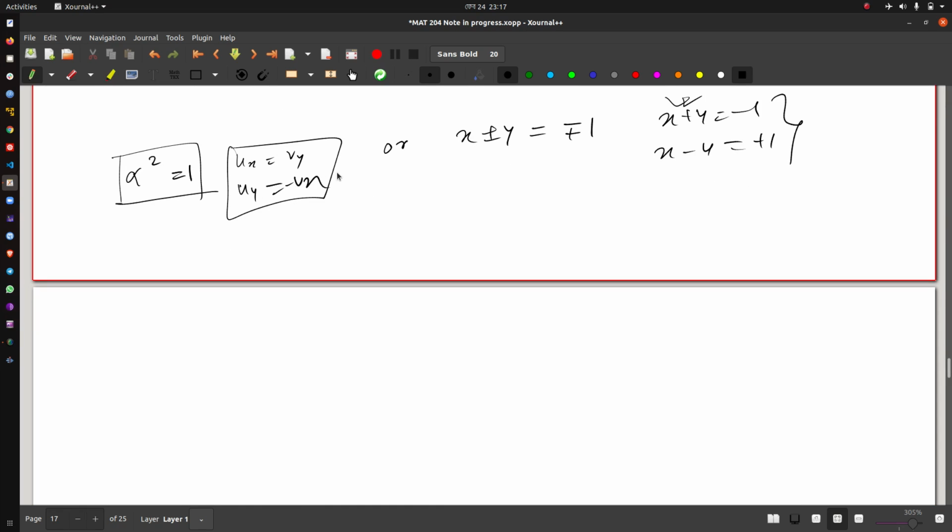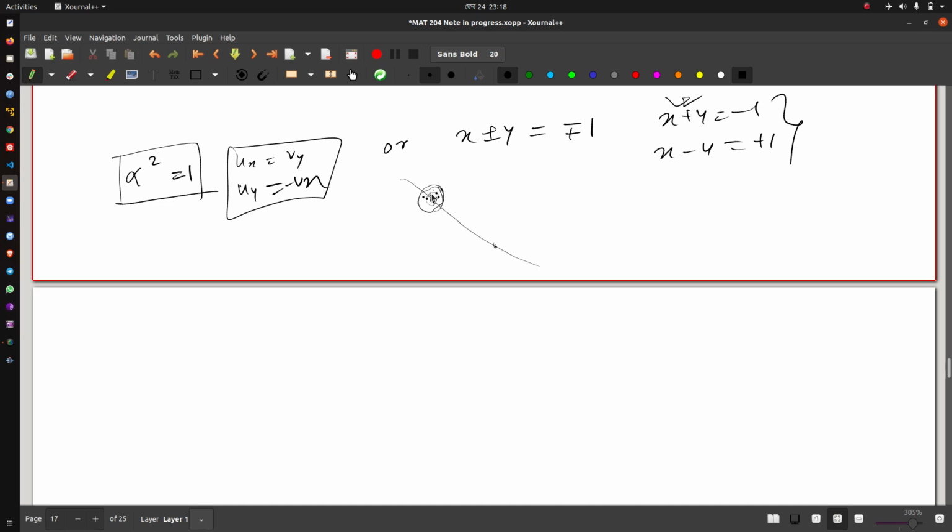Because they are analytic on this line, let's say x plus y equals minus 1, but only on this line, not on the neighborhood of the points that reside in this line. That means you take a point over here, you draw a neighborhood. Since only at this point the Cauchy-Riemann equations are satisfied, but on the neighborhood they are not, that's why we say they are not analytic anywhere.